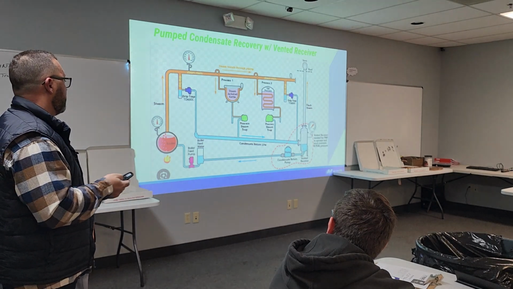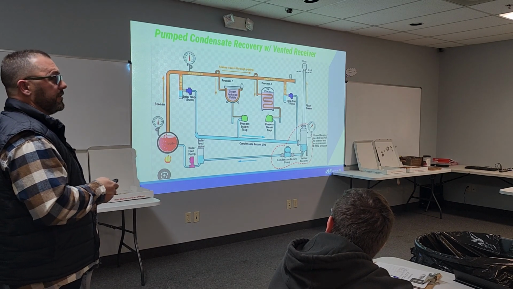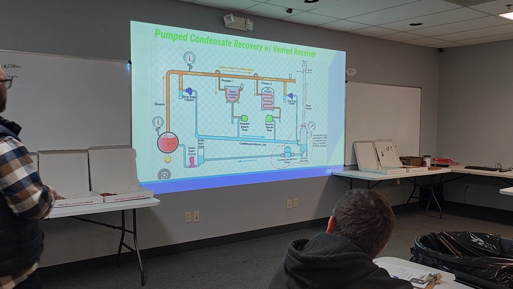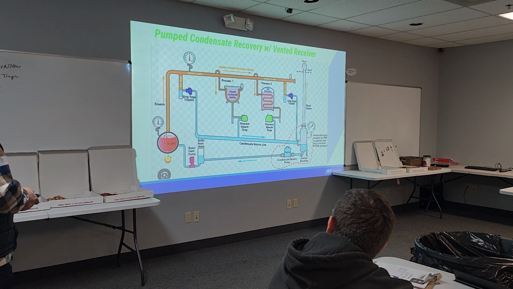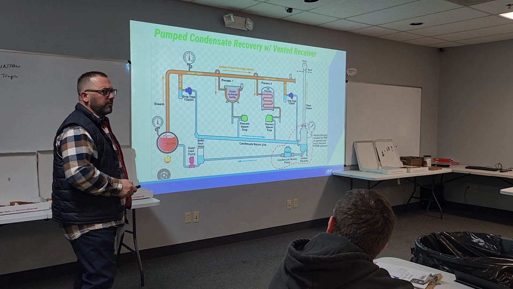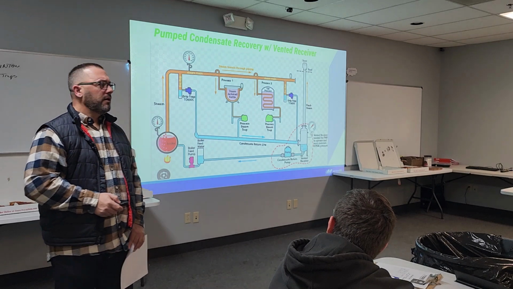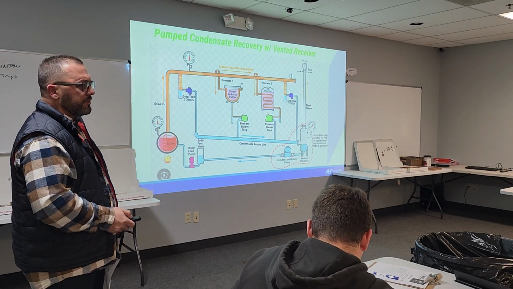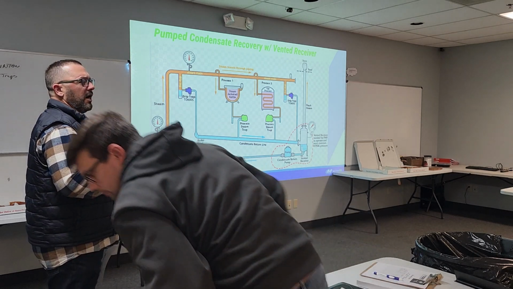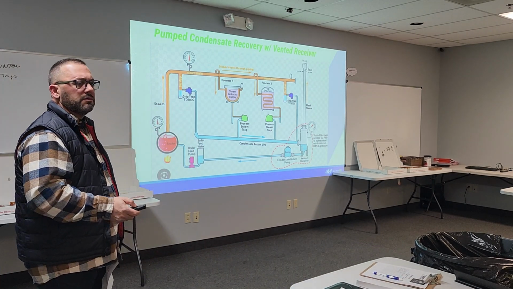So there are advantages and disadvantages of each type of trap, and we're going to get into those. But you notice right here on the process steam, in my opinion and most people's opinion that are worth their salt in steam, it's going to be an F&T trap. It's going to be a float and thermostatic trap. Now, we see a lot of buckets used in process, and that's okay if you have a steady, non-modulating load.